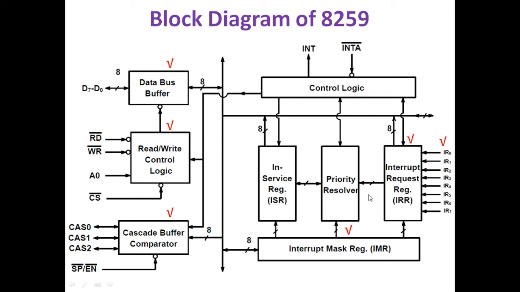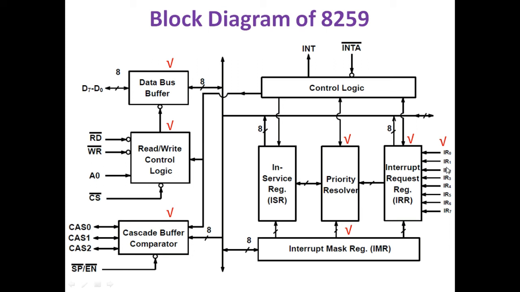Then the priority resolver checks whether IR1 is enabled in this IMR or not.